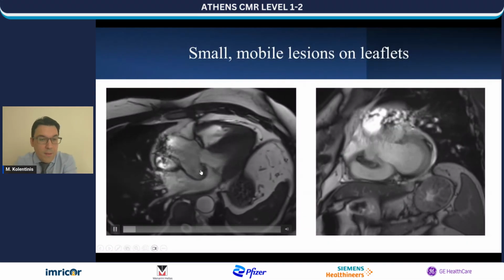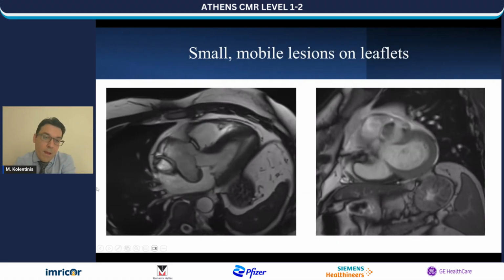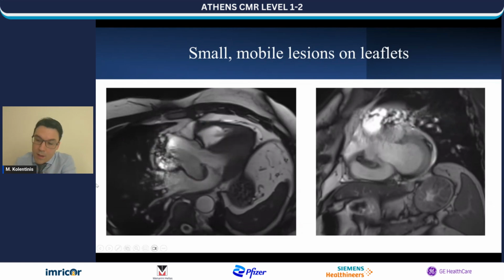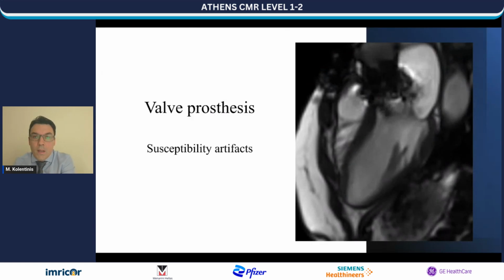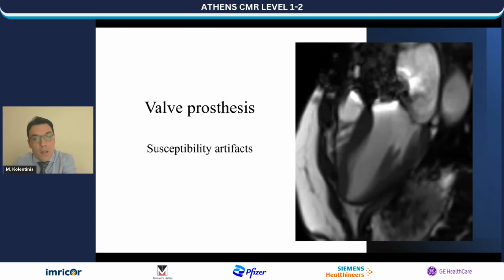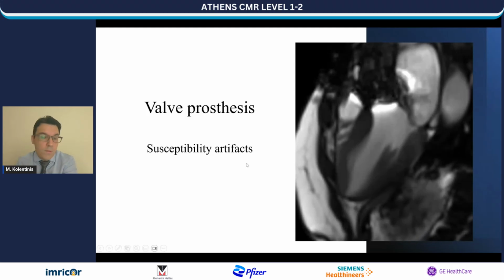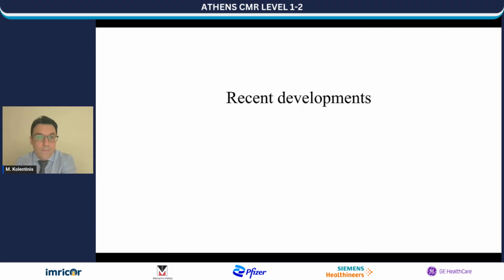Although we have found some concomitant pathology in the non-coronary sinus of Valsalva. And of course, valve prostheses are very difficult to assess because there are severe susceptibility artifacts. It's impossible to assess either stenosis or regurgitation.